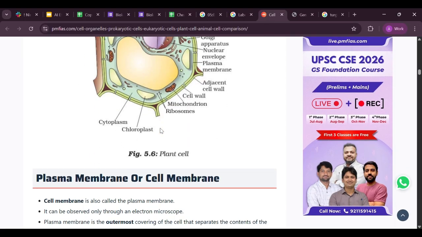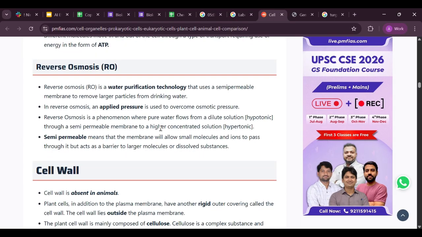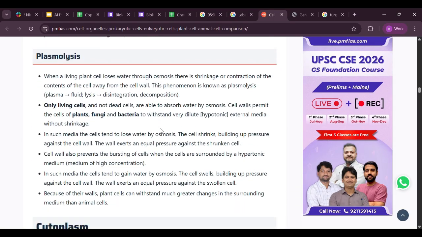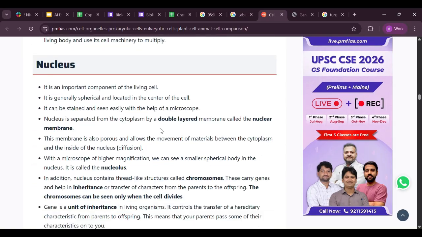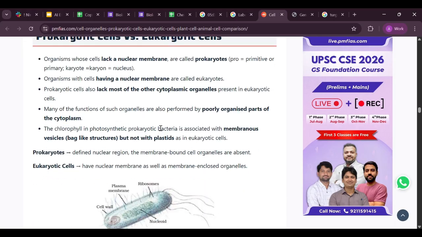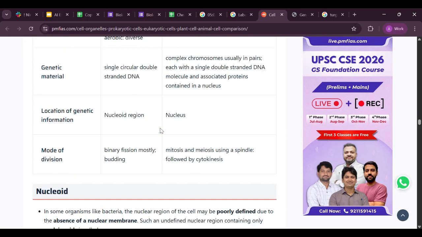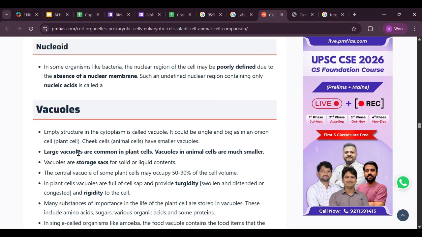Okay, it is describing every part as well. Let's see, is there any heading with vacuole? Yeah, here it is. It is like a tree structure in the cytoplasm.